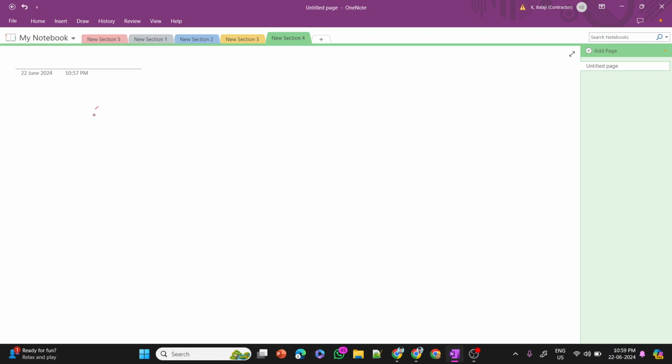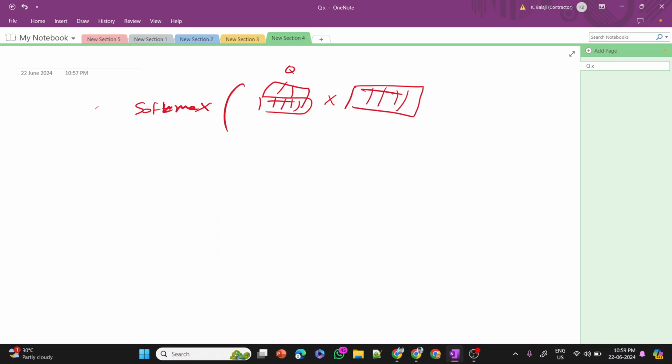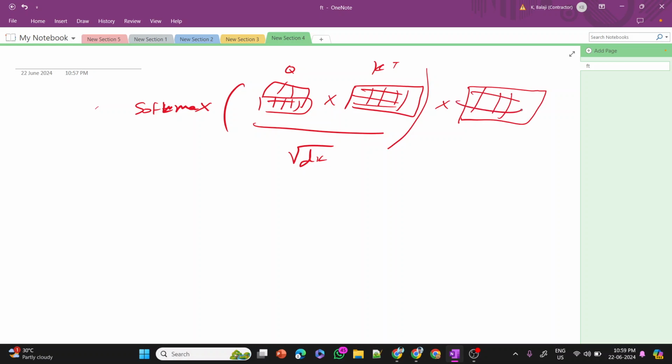Inside the self attention, there is some mathematical concept, which is softmax of Q times K transpose divided by the square root of dk, times the weights of V. This was the mathematical computation done inside a self-attention. But how does it happen? Let's see.